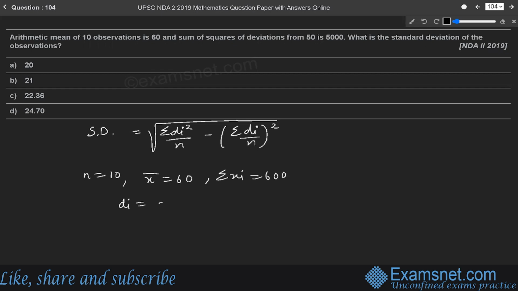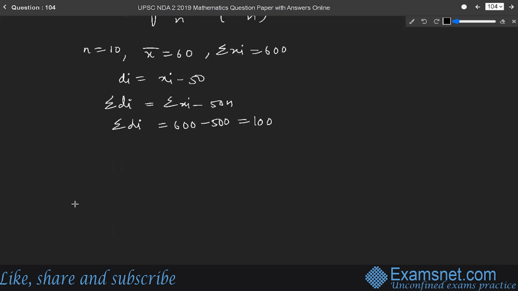Therefore, di will be xi minus 50. Summation of di will be equal to summation of xi minus 50 into n. So, summation of di will be equal to 600 minus 500, which is equal to 100. Therefore, summation of di square will be equal to 5000. It is already given in the question.